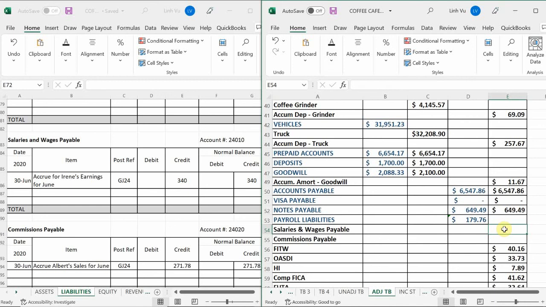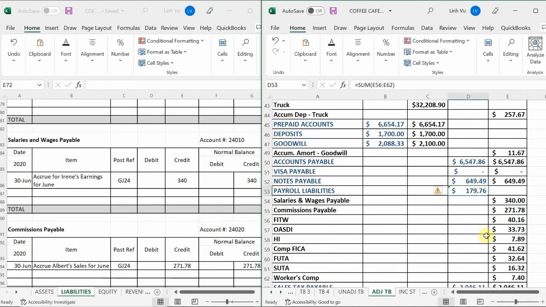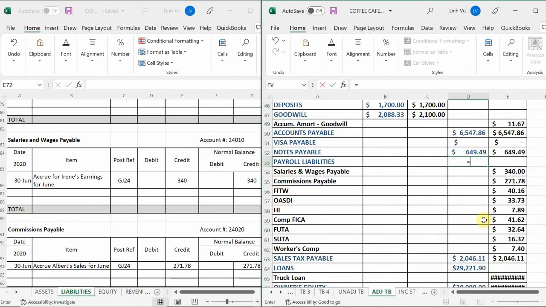Salaries payable was $340, and the commissions was $271.78. So this is where I need to make a change to the payroll liabilities formula because I inserted 2 more things in here.